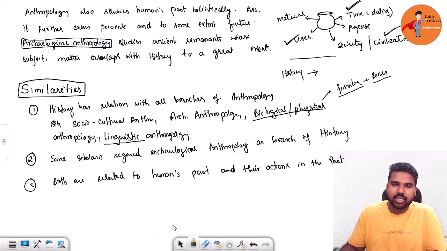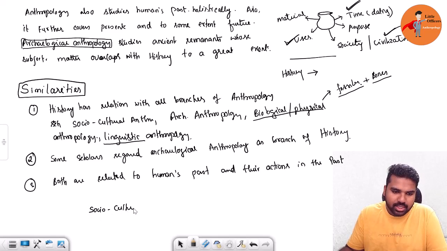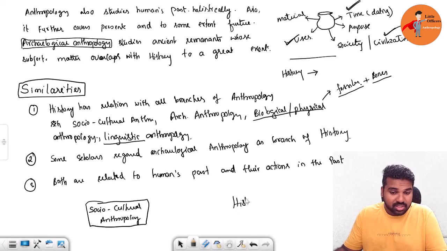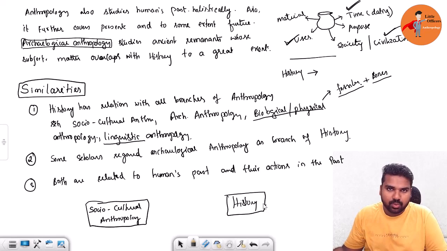Now let's see some links in the diagrammatic form. If we take socio-cultural anthropology, what does it study? It studies the origin of societies, origin of culture, the variations in the cultures, past as well as present. And if we take history, history is also interested in society and culture, but it focuses on the ancient ones.